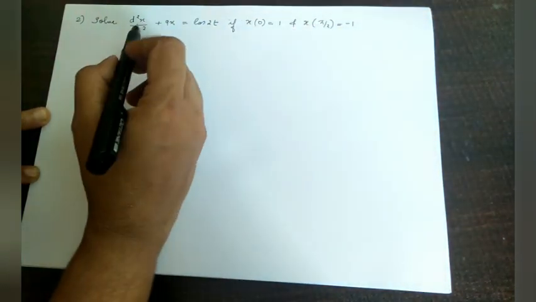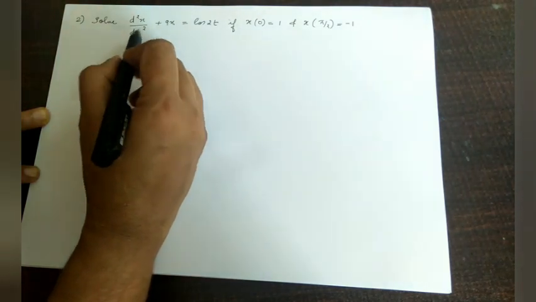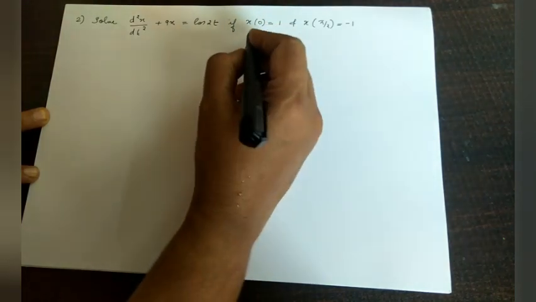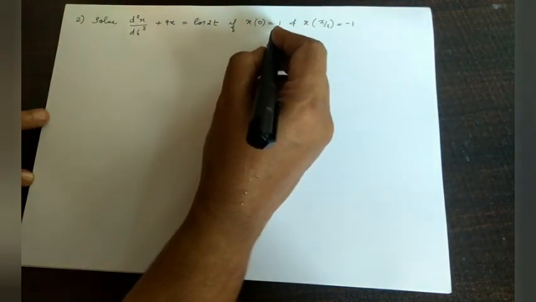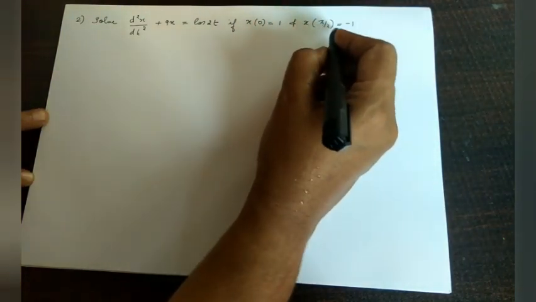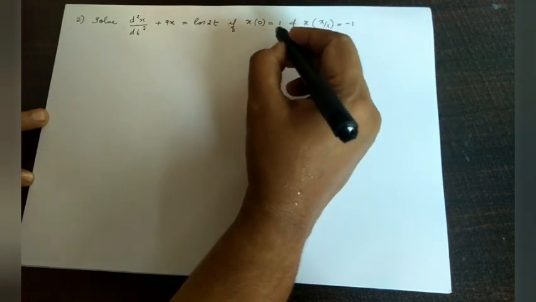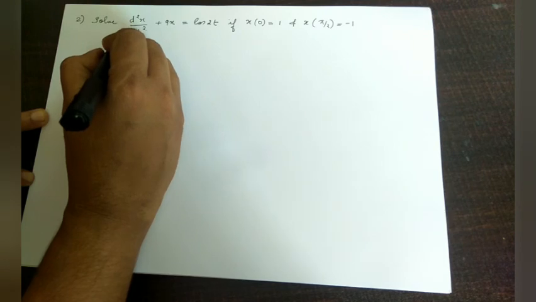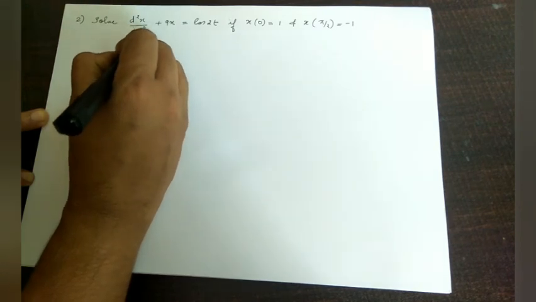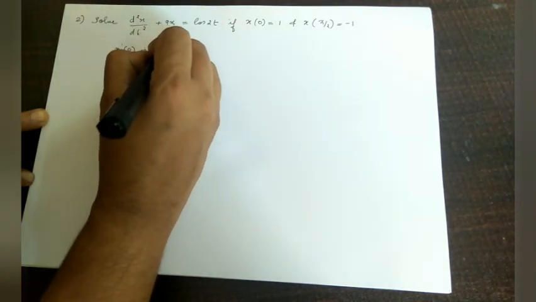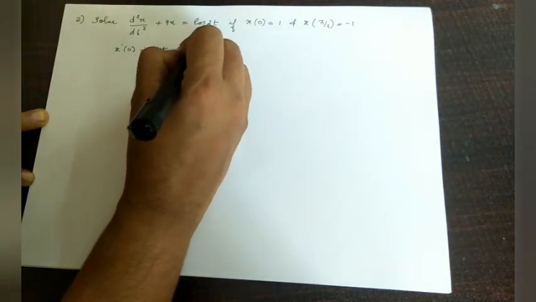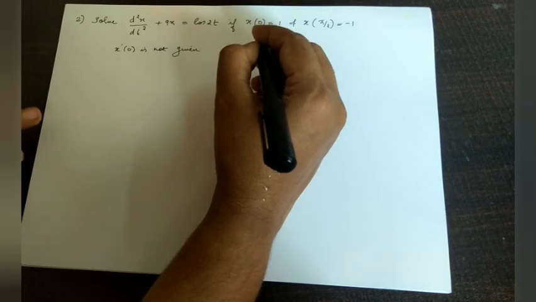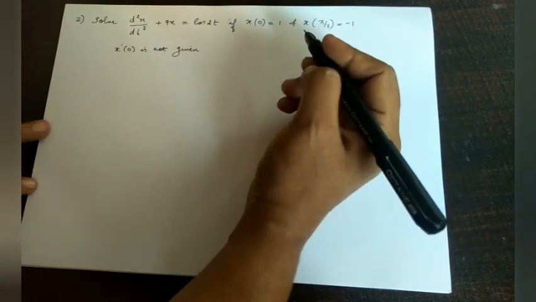Here we have to solve d square x by dt square plus 9x is equal to cos 2t, with x of 0 equal to 1 and x of pi by 2 equal to minus 1. Here one condition is not given, that is x dash 0 is not given. In all cases we have the value of x dash 0, but here x dash 0 is not given.